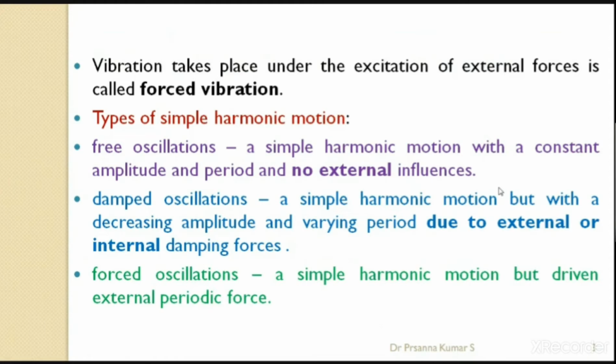Here in damped oscillation, there is an external influence or internal forces acting on the particle or the body to decrease the amplitude over time. There is a decrease in amplitude in the oscillations because of the external influence.